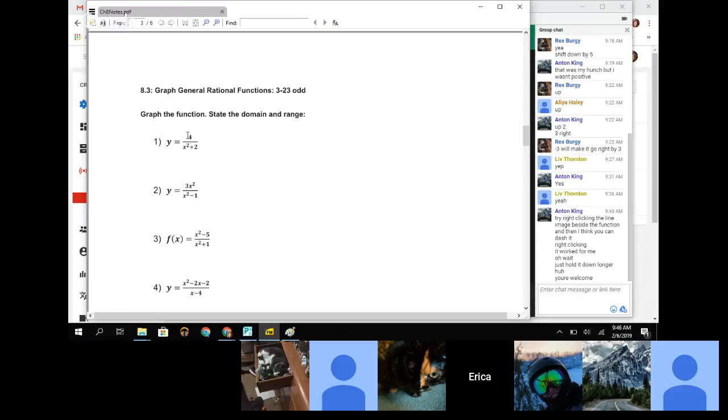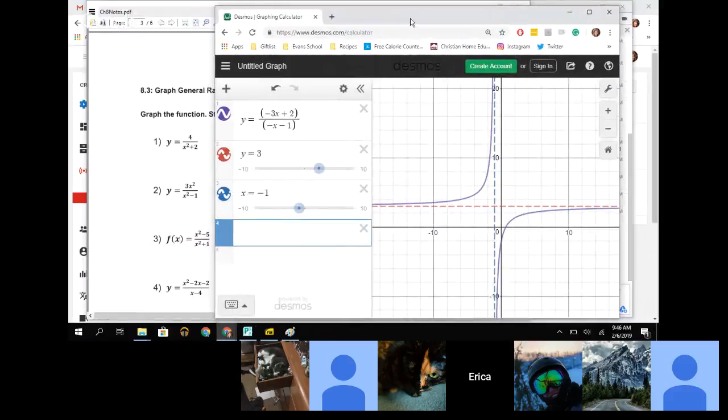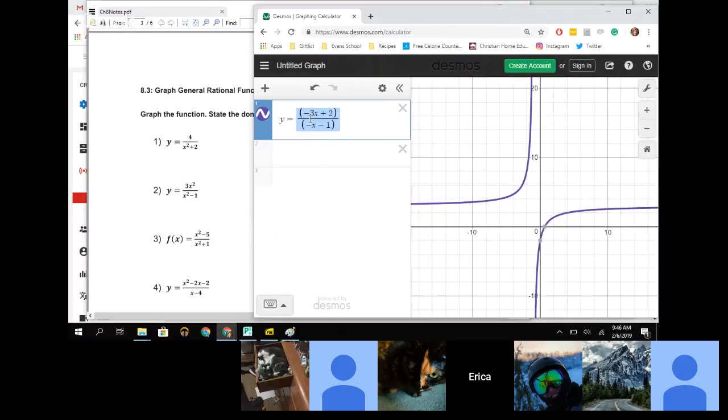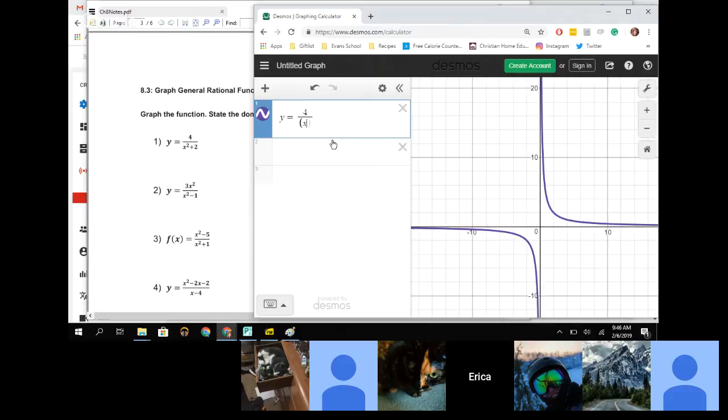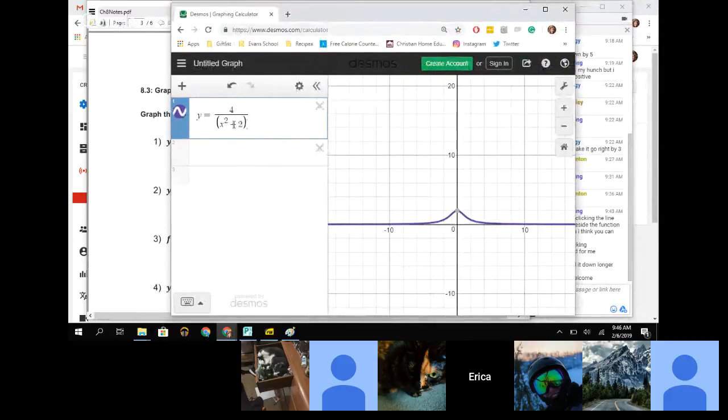Now, number 1 has 4 divided by x squared plus 2. So we get a little extra bit of fun in there. Let's see what this function looks like: 4 divided by x squared plus 2. By the way, what kind of equation is x squared plus 2?